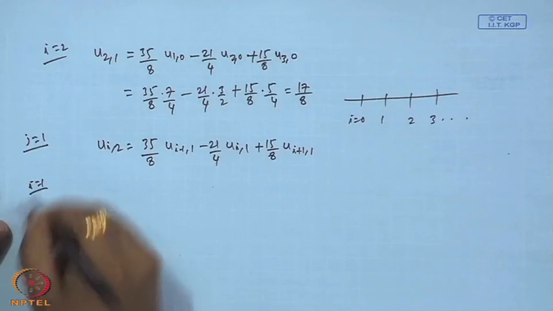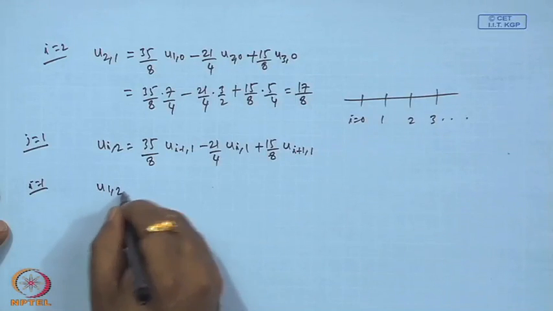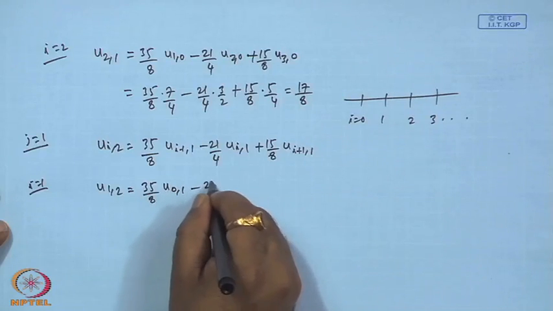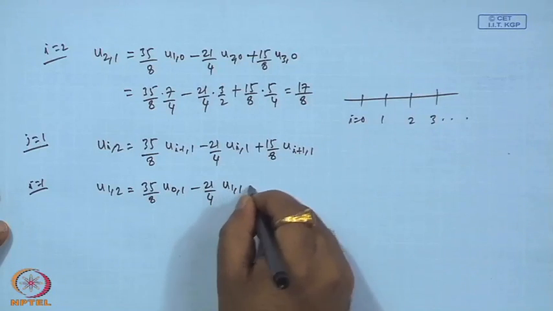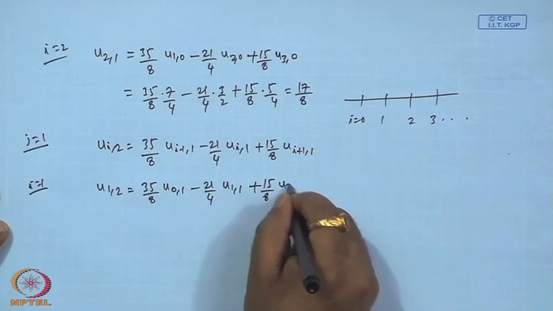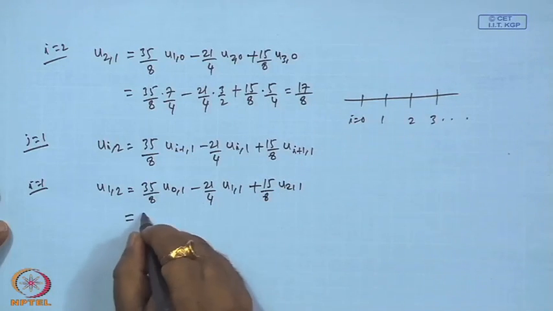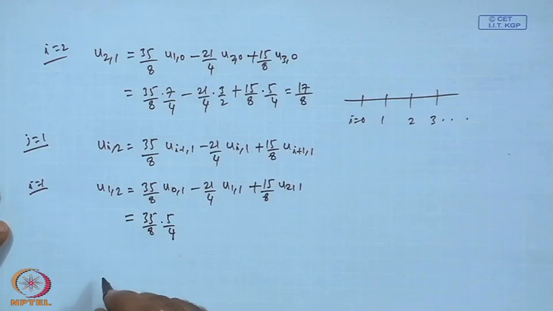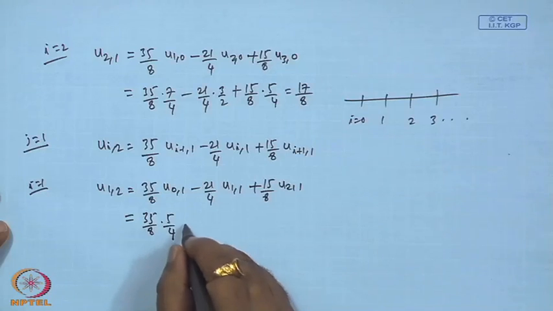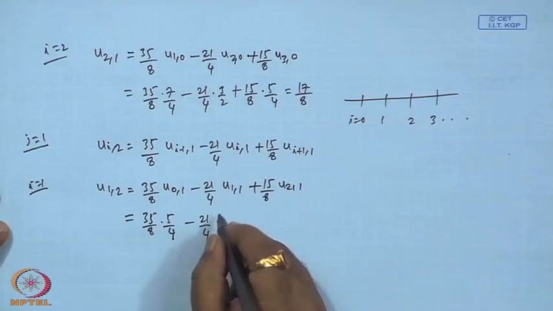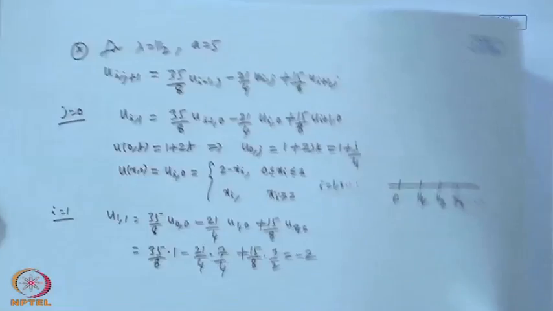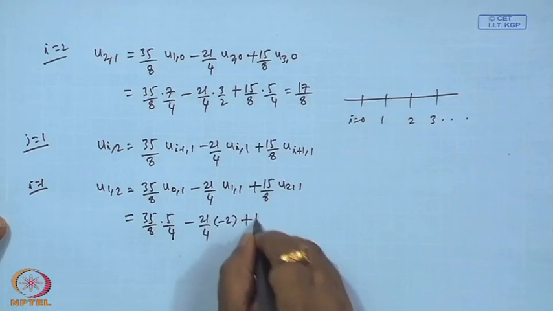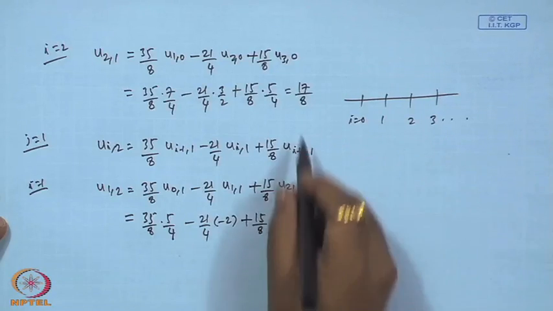now I 1. So, this will be u 0 1, then u 1 1 just now we have computed, minus 2, u 2 1 also we have computed.